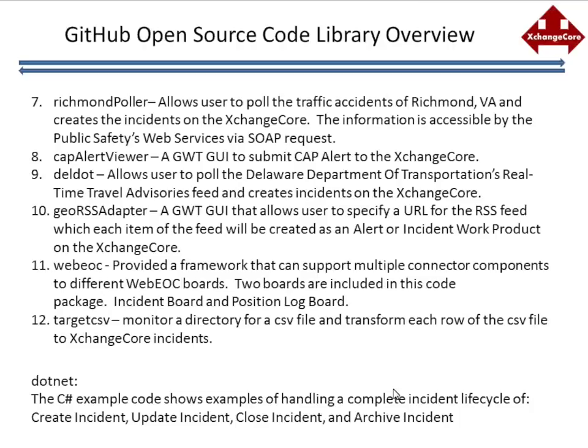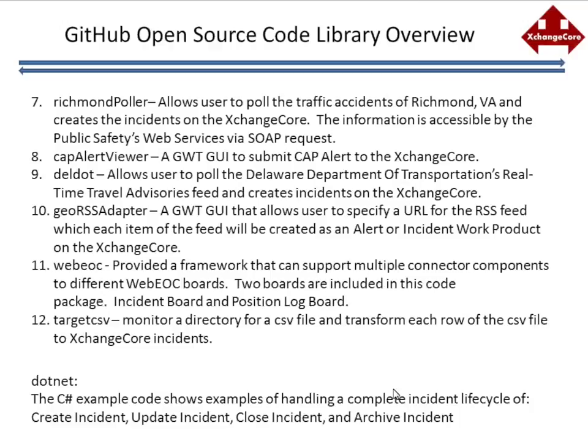We have a CAP alert viewer, which uses a GWT GUI to submit a CAP alert to XchangeCore. We have a Del.dot project that's similar to Richmond in that it's polling the Delaware Department of Transportation's feed and creates incidents on the XchangeCore and creates updates and deletes as well as they disappear from the Del.dot site.